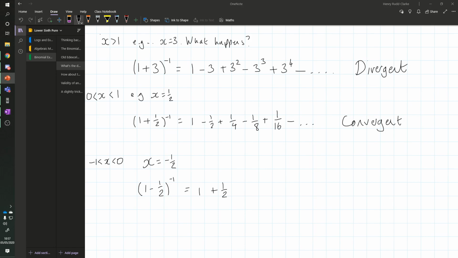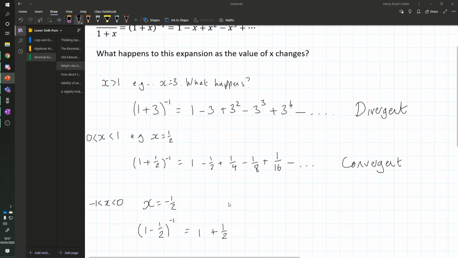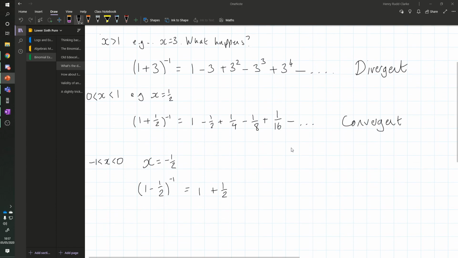So we're going to end up with this same stuff going on. Here it would be 1, and then minus x would be plus a half, plus x squared would be plus a quarter, plus an eighth, plus a 16th, and so on. It is convergent again.